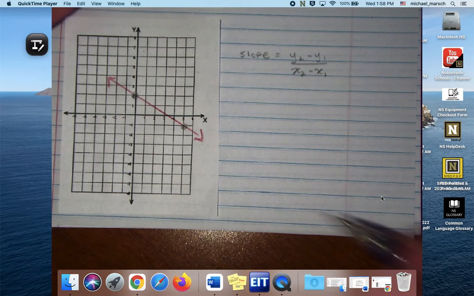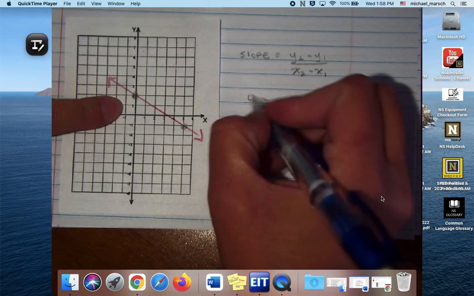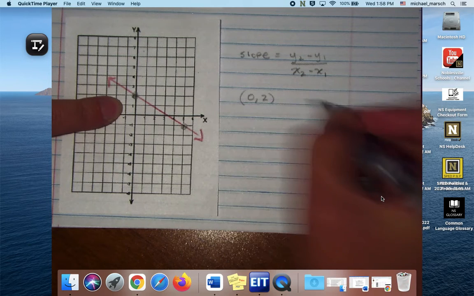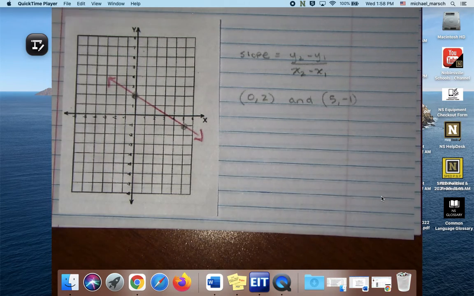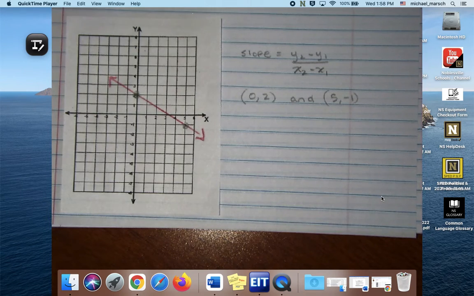So in this situation, our ordered pairs are (0, 2) and (5, -1). Right? Now, I get it that you could probably just count and find your slope, but I want to show you how to find it without counting rise and run. Okay?